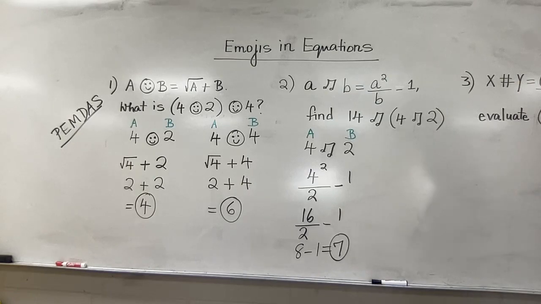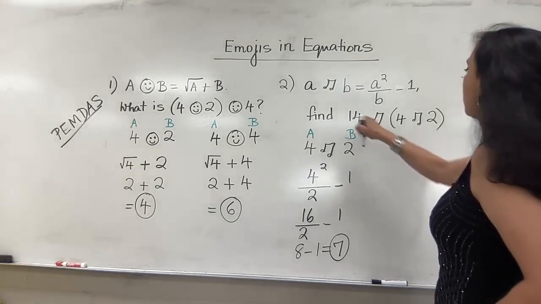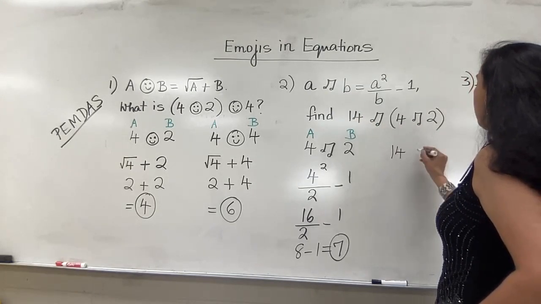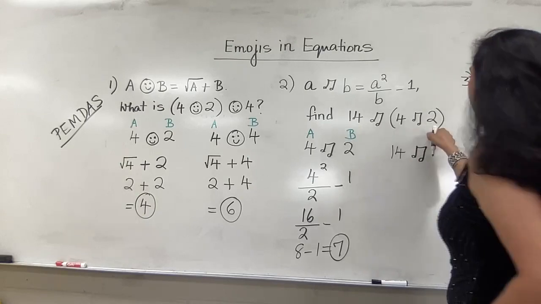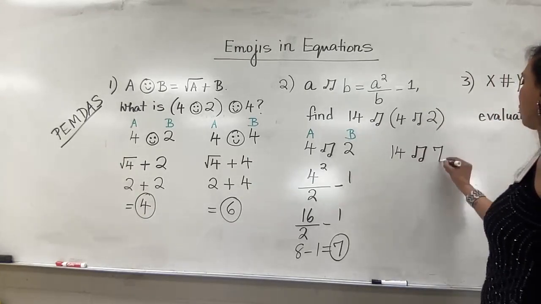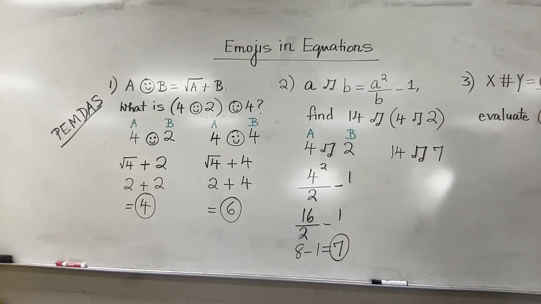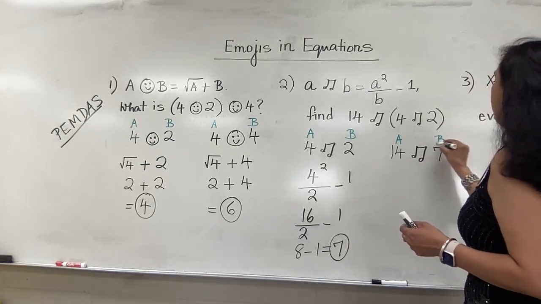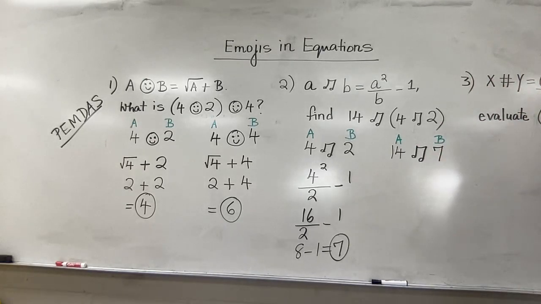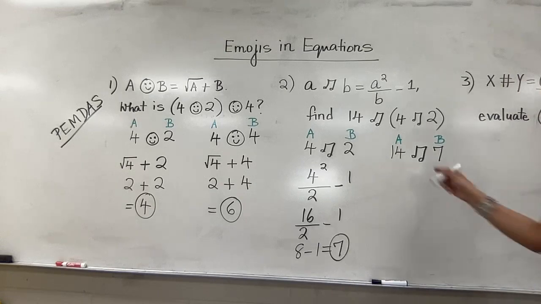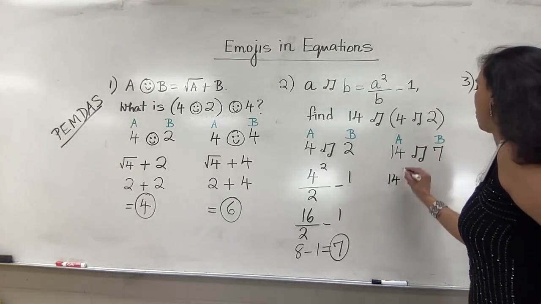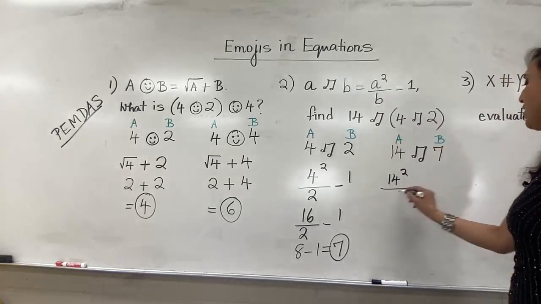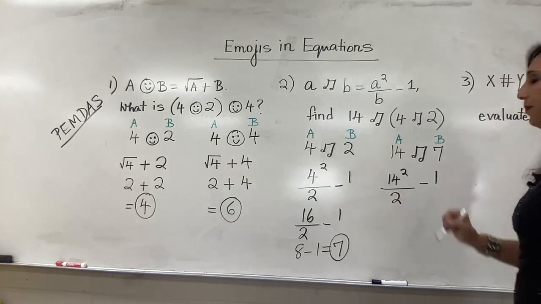Now we go to the next part, because this part was 7. So the second part is 14 musical note 7. Once again, remember, this is A and this is B. We have A squared, which is 14 squared, divided by B, which is 7, minus 1.